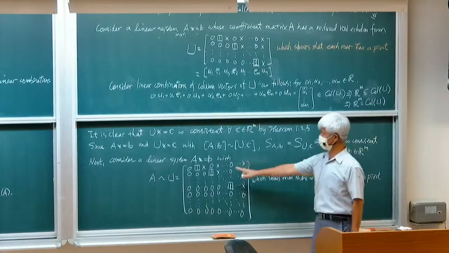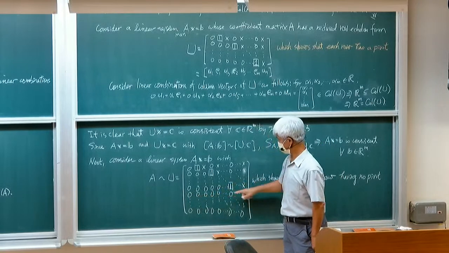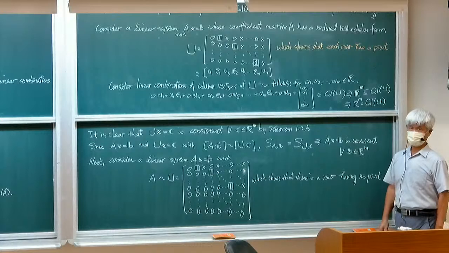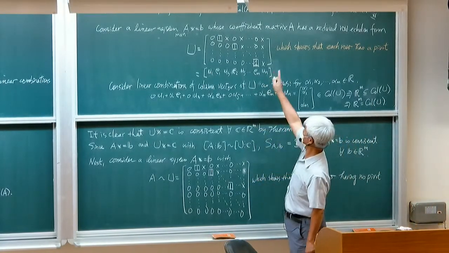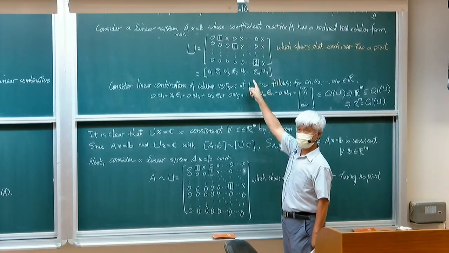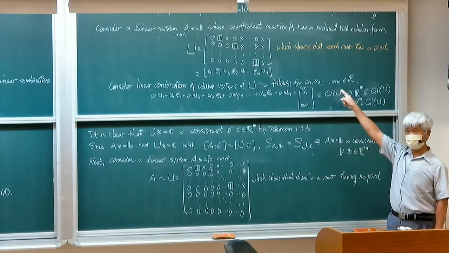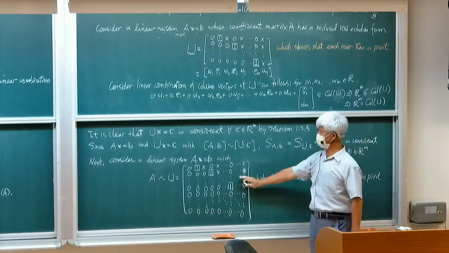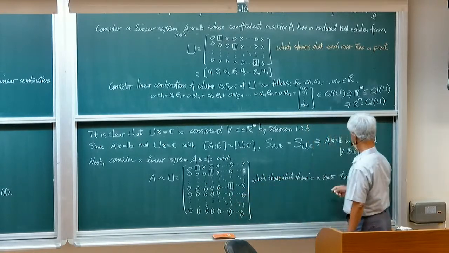Okay, so you can see that in this reduced row echelon form, there is at least one row having no pivot. So it's the opposite situation to this one, because in that U matrix every row has a pivot, but in this U matrix there exists a row without any pivot.